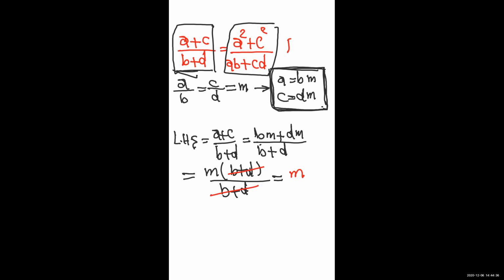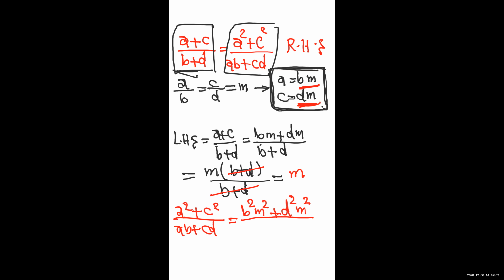Now, the right hand side, okay, it's A squared plus C squared over AB plus CD. So A squared means BM squared. So B squared M squared plus C squared, which is equal DM, so D squared M squared over AB.